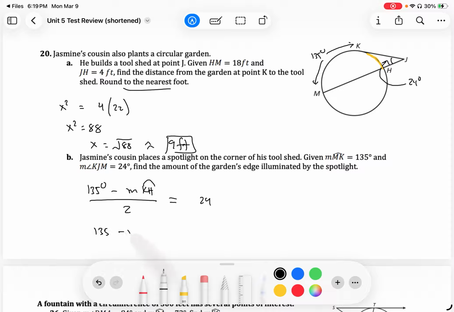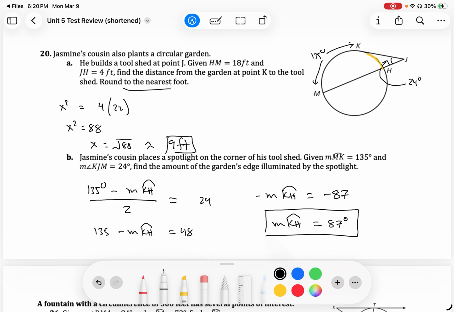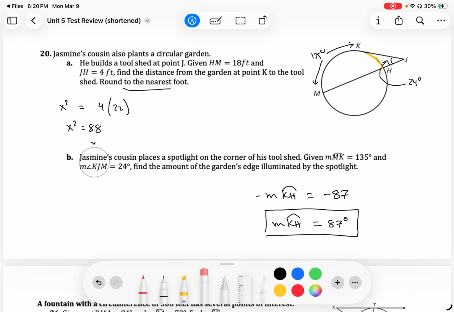So 135 minus the measure of arc KH is equal to 48, which means that the negative measure of arc KH is equal to 48 minus 135, which is negative 87. So therefore, the measure of arc KH is equal to 87 degrees. So 87 degrees of the garden's edge.